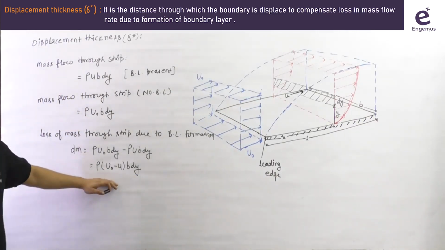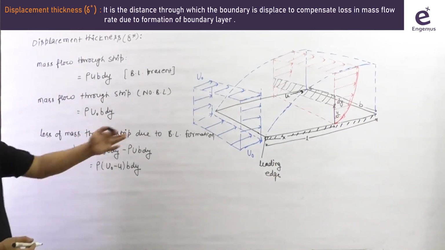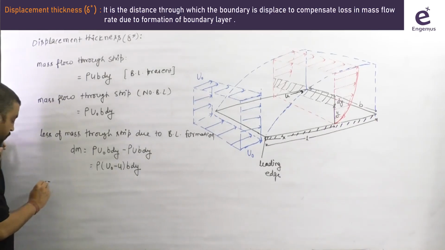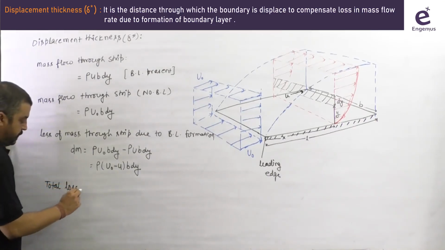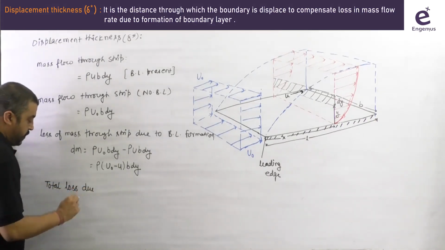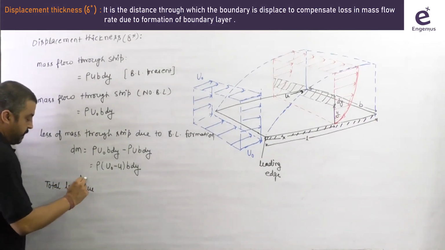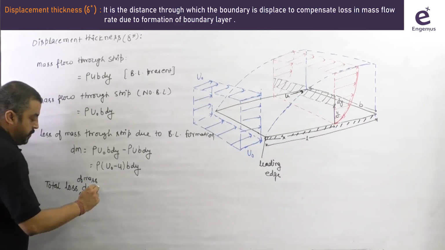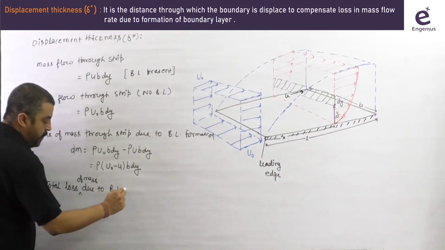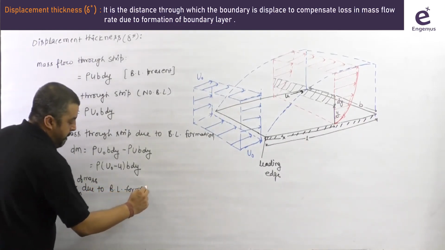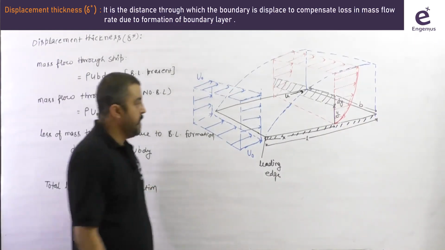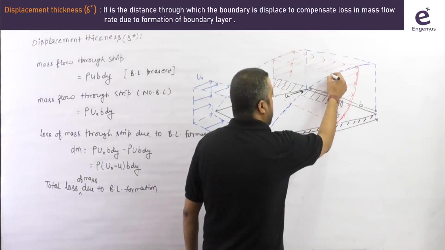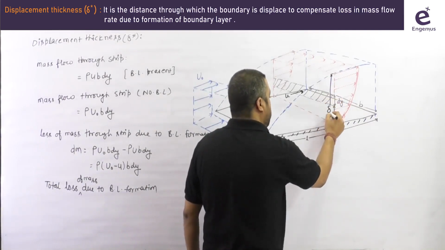So if this is the loss through the strip, what is the total loss of mass due to boundary layer formation? Obviously in this case we can integrate. From here to here, this is the boundary layer thickness delta.